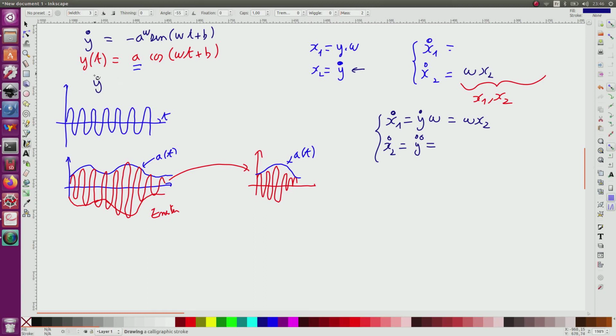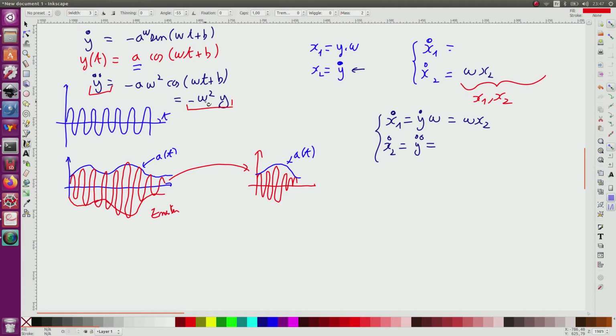And also y dot dot, so I have to differentiate y once more. I will have minus a omega square cos of omega t plus b. So this one corresponds to y of t, so it will be here equal to minus omega squared y. So this corresponds to the differential equation which allows me to generate y.